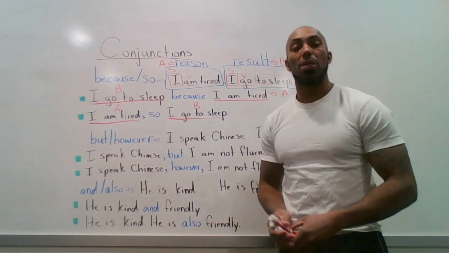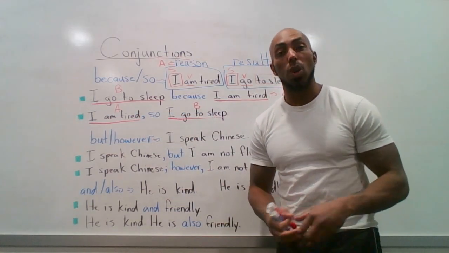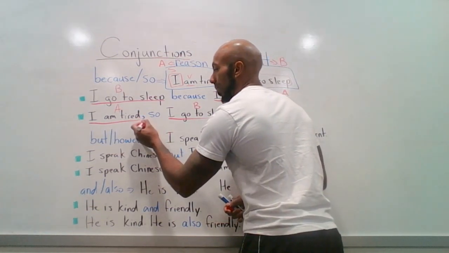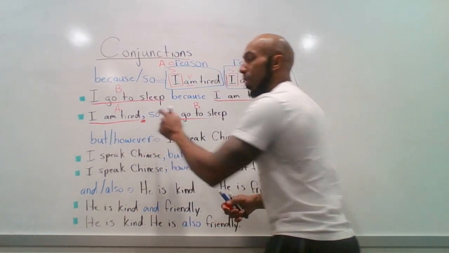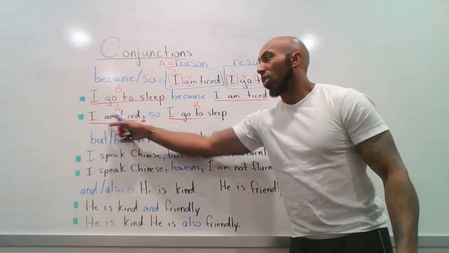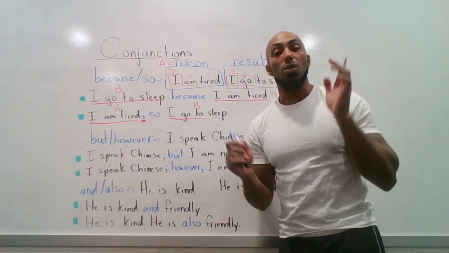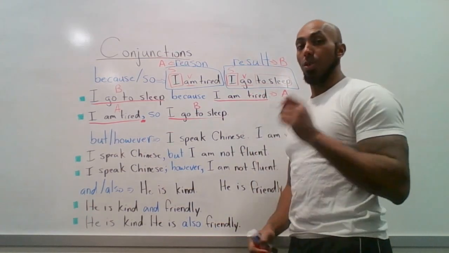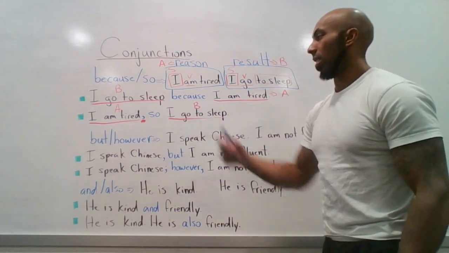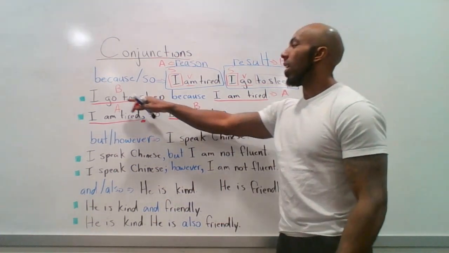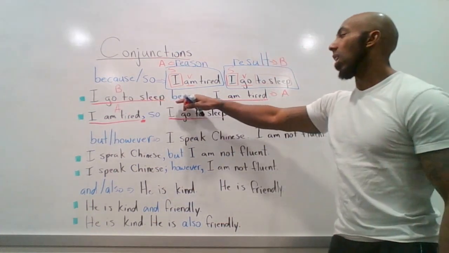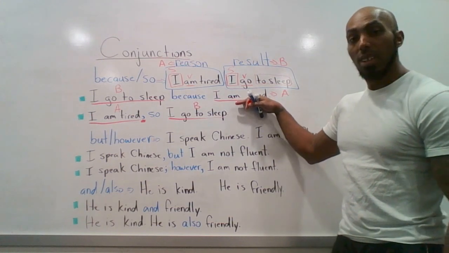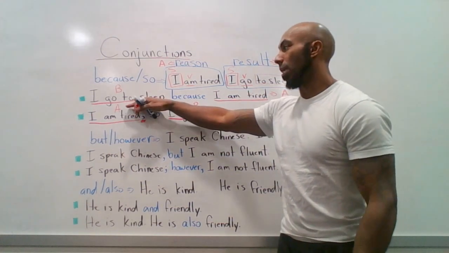Now, one important thing to remember with so is you need a comma after the first clause. If you don't have the comma, it is wrong. You need the comma there. So one more time, I go to sleep because I am tired. You're tired is the reason why you go to sleep.